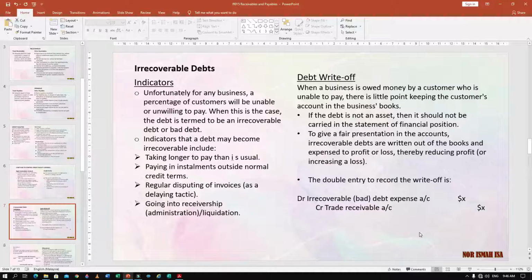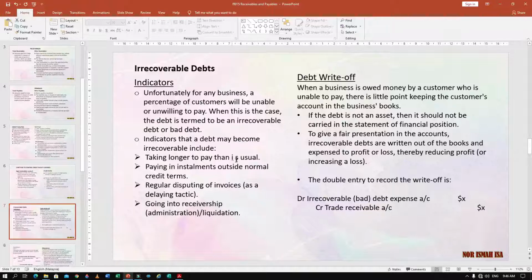Okay, when a business has given a credit facility to a customer, there may be an irrecoverable debt. So this is an indicator that the debt is not being paid or has become irrecoverable. The indicator is that the customer is taking longer than usual to pay.